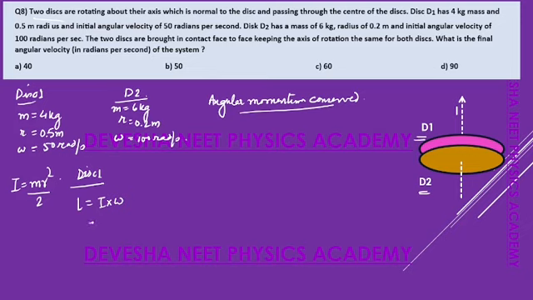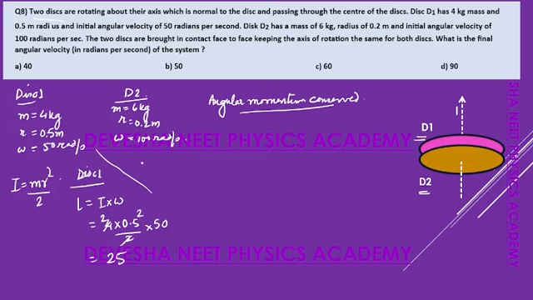So this is equal to 4 into 0.5 square by 2, and omega is given to be 50. 0.5 whole square is 0.25, so this gives 25.